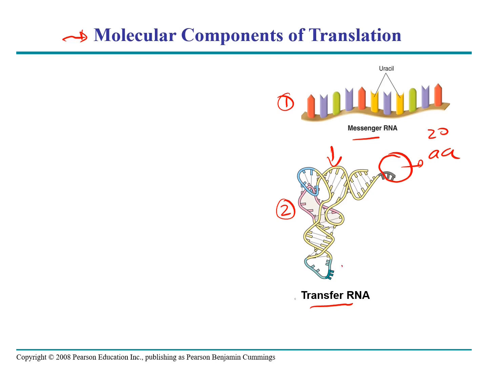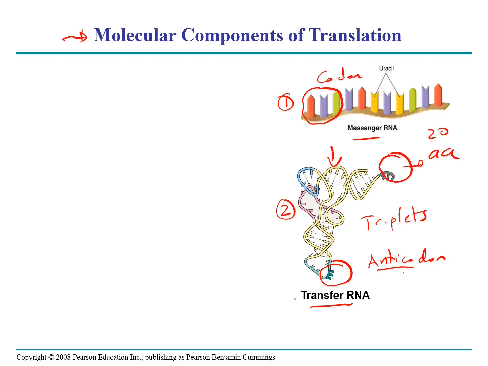And they have another important structure that is a triplet. You have the word triplet in terms of codon, but this will be called an anticodon. The anticodon will be located in the transfer RNA, while the codon will be located in the messenger RNA.